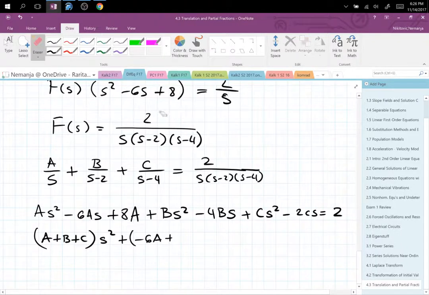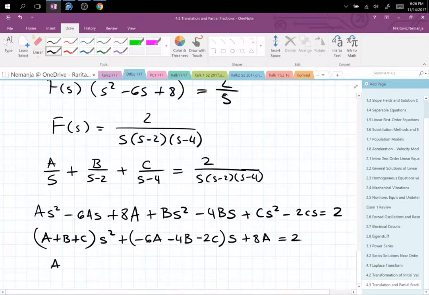Times s everywhere. Times a everywhere. Sorry. So as squared minus 6as plus 8a. And then we have bs squared minus 4bs. Yeah, that's all good. So now I need all s's. So this one minus 4b and minus 2c times s, and then plus 8a equal to 2.